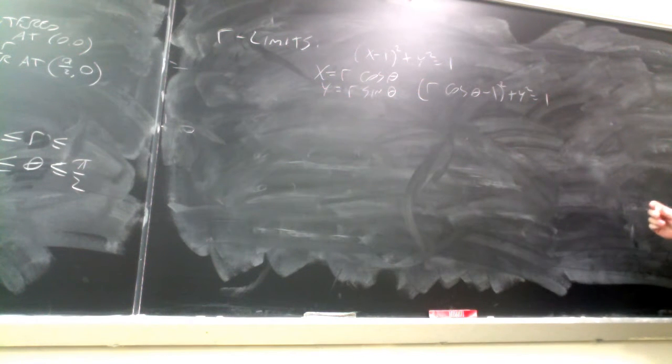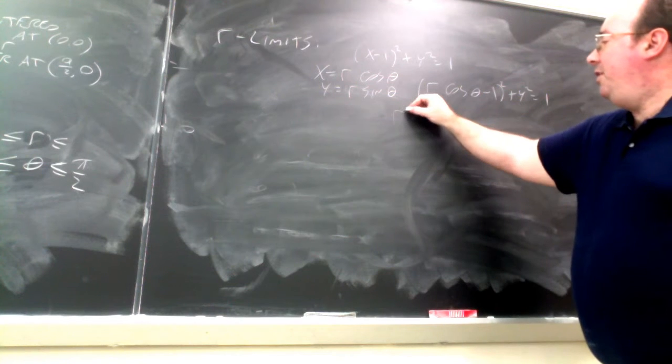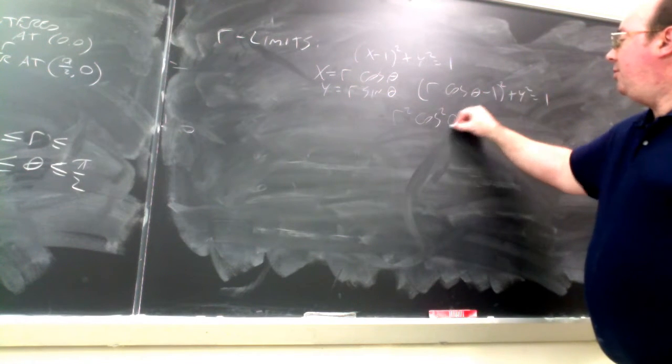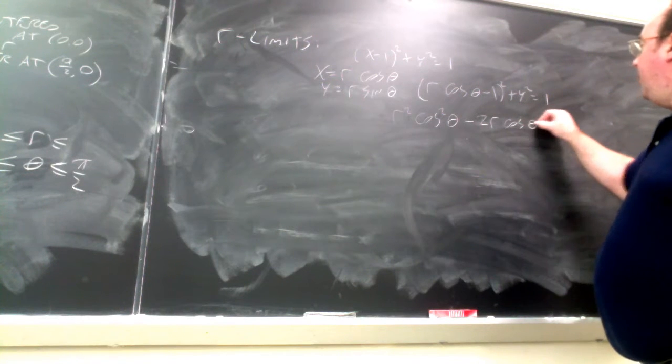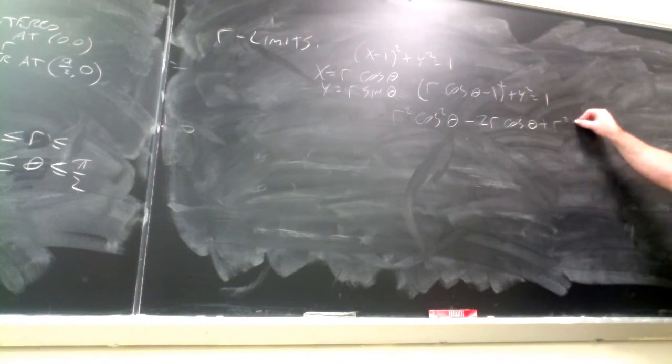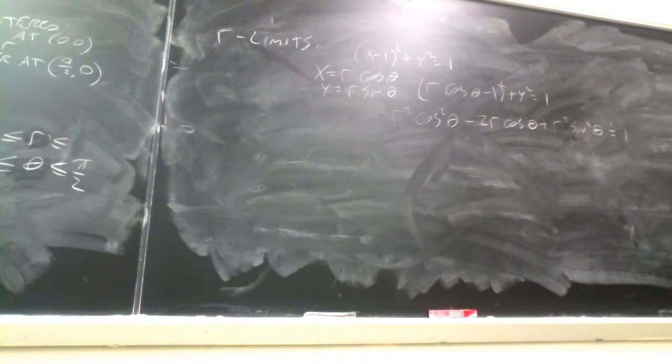So now go ahead and expand all this. So r squared cosine squared theta minus 2r cosine theta plus r squared sine squared theta for y squared is equal to 1. Okay.